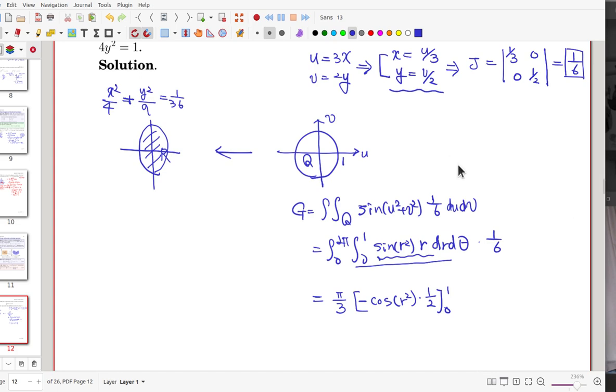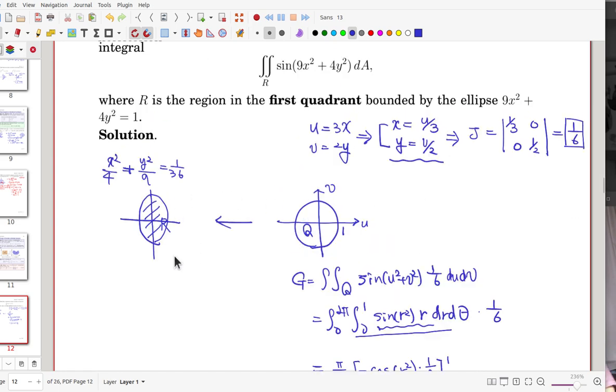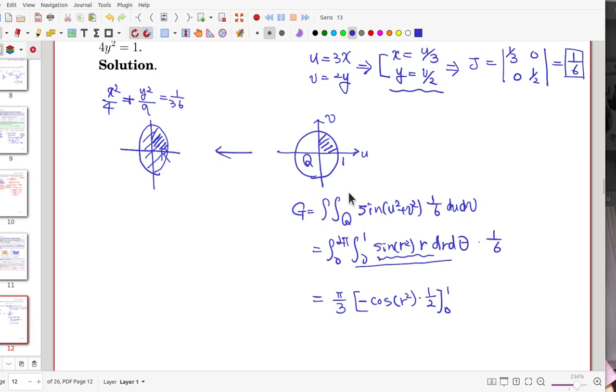Just a moment. Okay, I'm sorry. In the beginning, there is the first quadrant. So that is R, I'm sorry about that, and that must be Q. So here also, rather than this one, this is pi over 2, first quadrant.